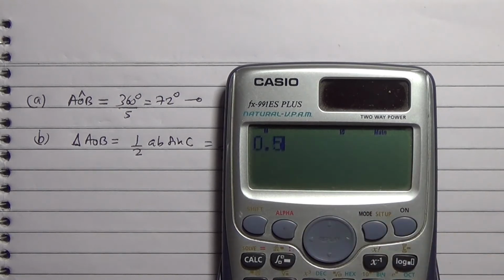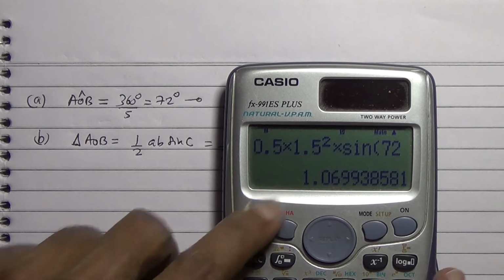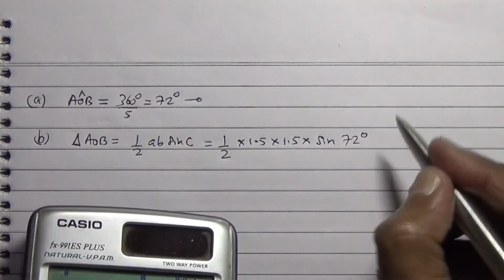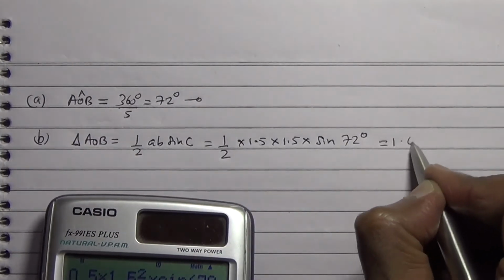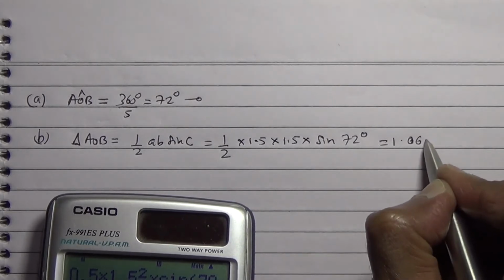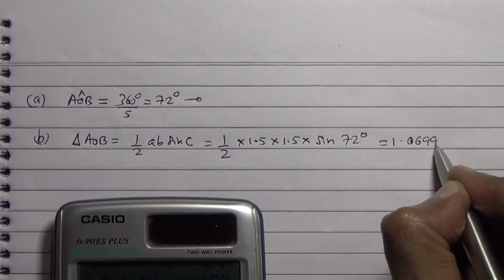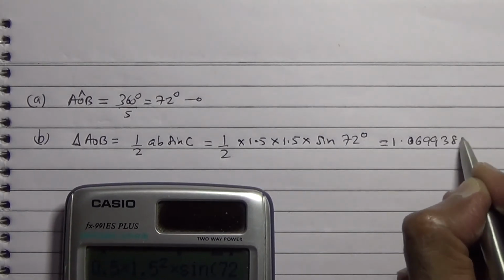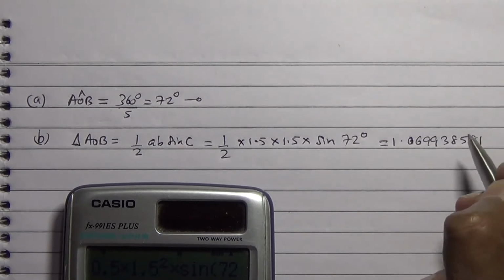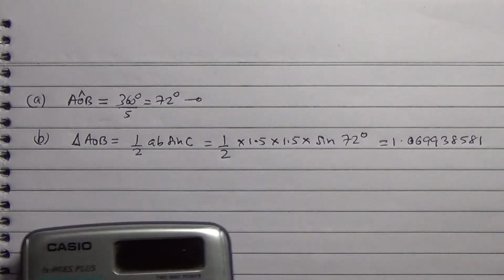So 0.5 times 1.5 squared times the sine of 72 degrees, and this comes to 1.0699388581. So we're going to take all of that, multiply by 5.